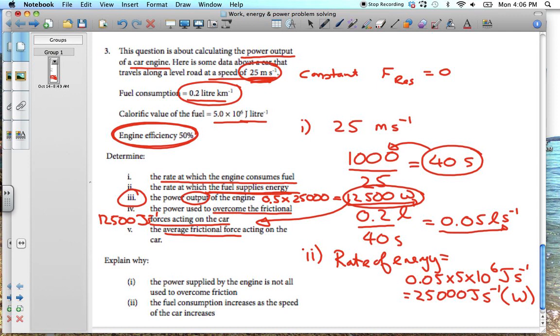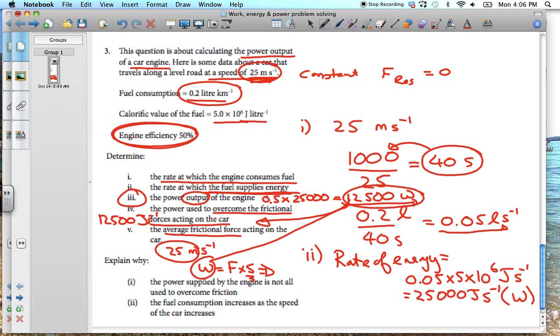So the average frictional force acting on the car. We know that the car is going 25 meters per second, so every second it's going 25 meters. Your work is equal to force times your distance. So the work is your 12,500, your distance is 25 meters.